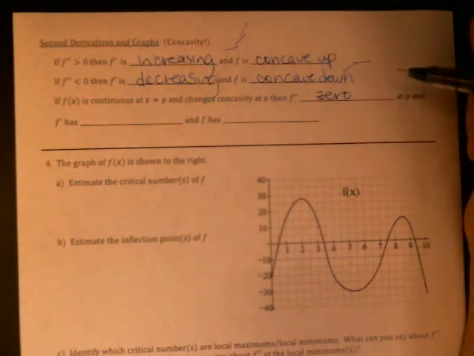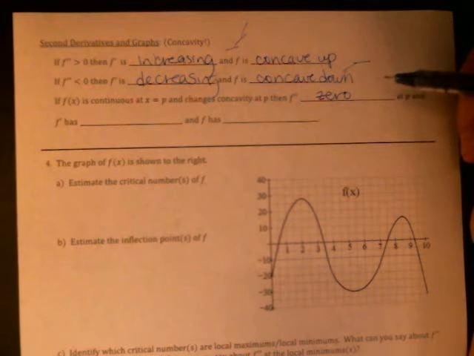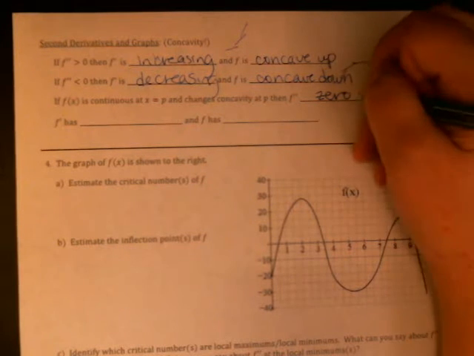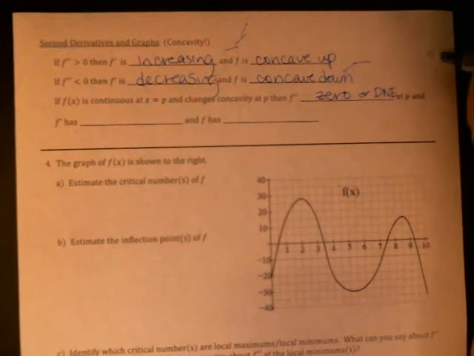That's not really what I'm going for here, so we're just going to ignore that fact temporarily. If f double prime doesn't exist, then we just don't give that point a special name. Actually, if there's a vertical tangent, it's possible, so we'll just put them both.